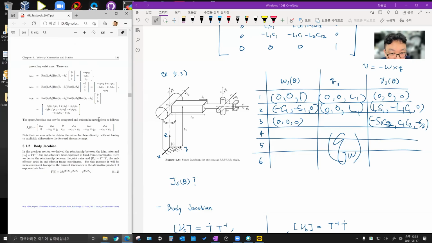And in case of V, it becomes more complex because it is a cross product with Q omega. So I will skip writing it down here, but the calculation process can be checked using this equation.